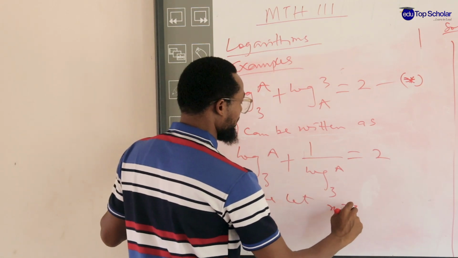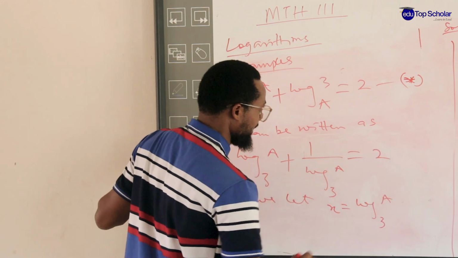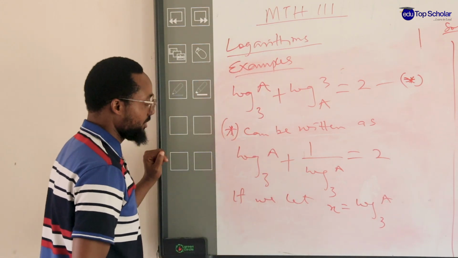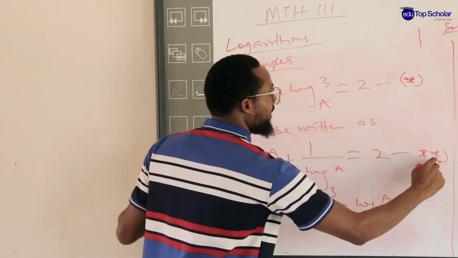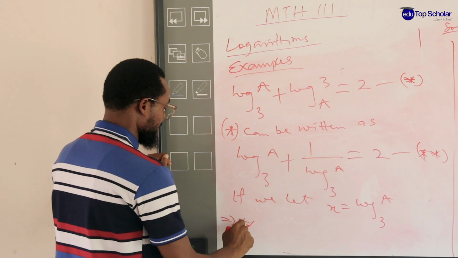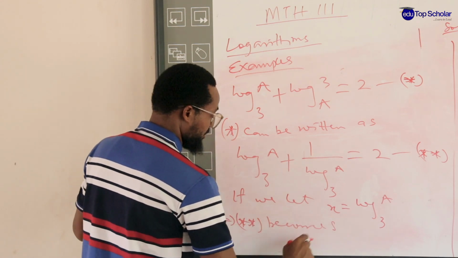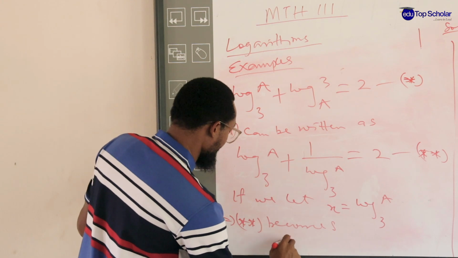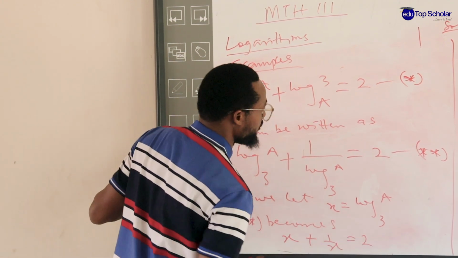So if we let x be equals to log A base 3, let's call this equation star star. This implies that equation star star becomes x plus 1 all over x equals to 2.